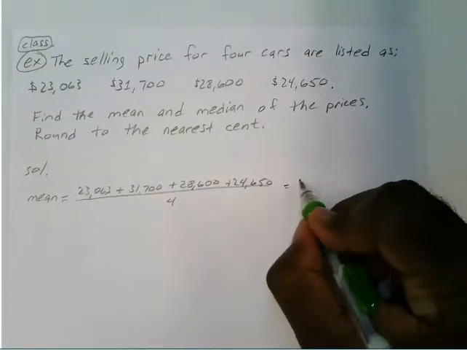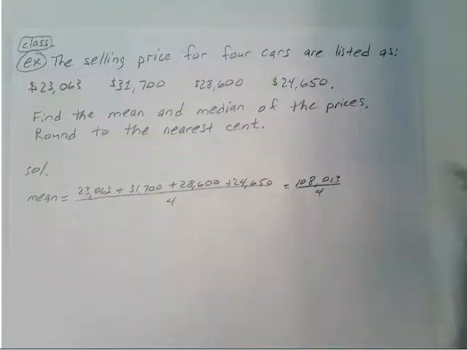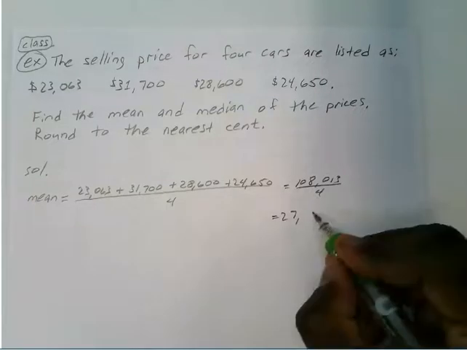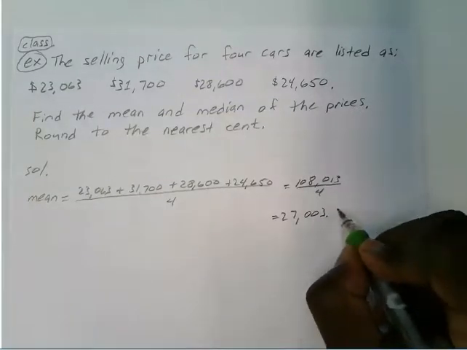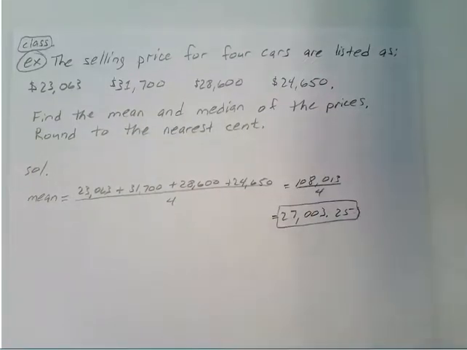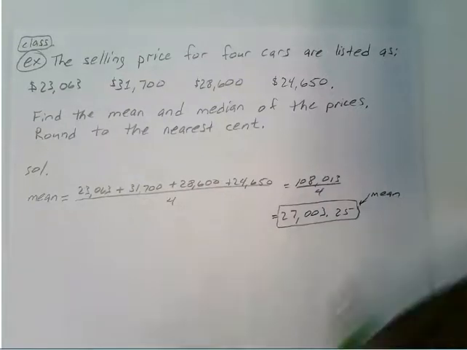That's 108,013 divided by 4, which is equal to $27,003.25. This is your mean.